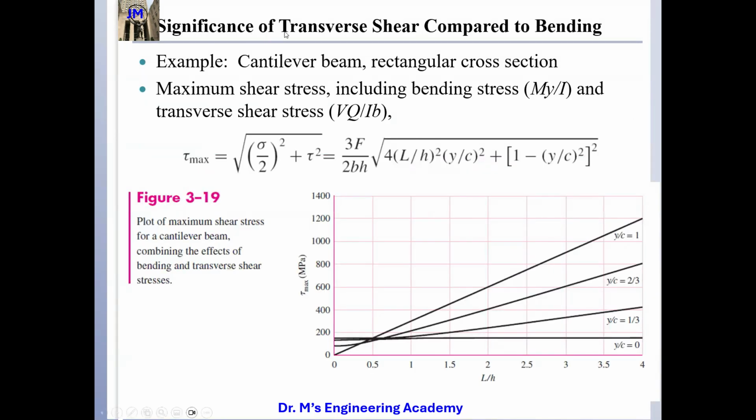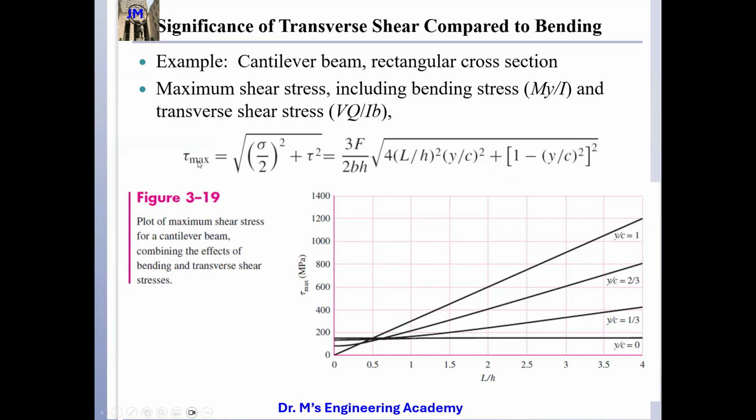So, the significance of transverse shear compared to bending. For example, we have a cantilever beam, and suppose it has a rectangular cross section. The maximum shear stress includes the bending stress in the x direction, the center line direction, and the transverse shear stress, which is perpendicular.